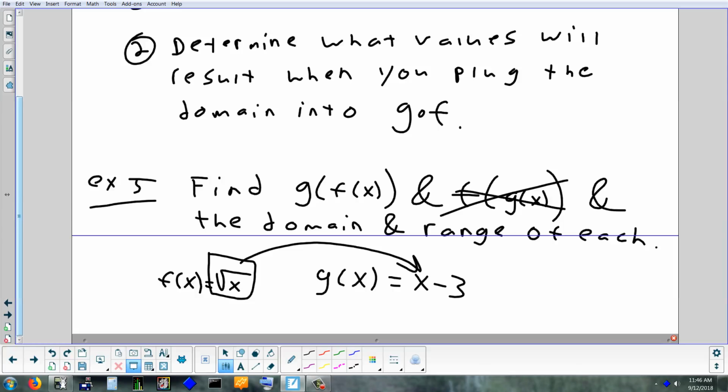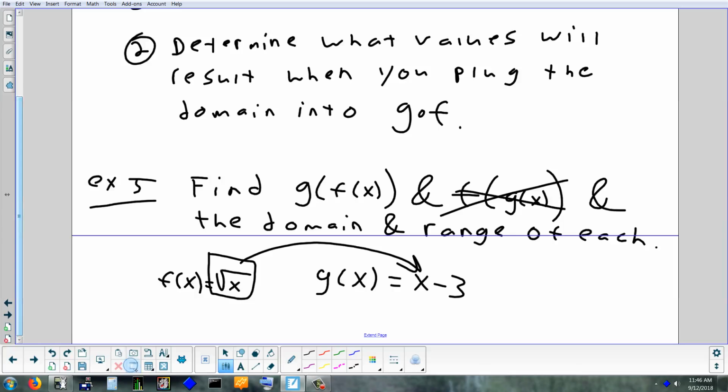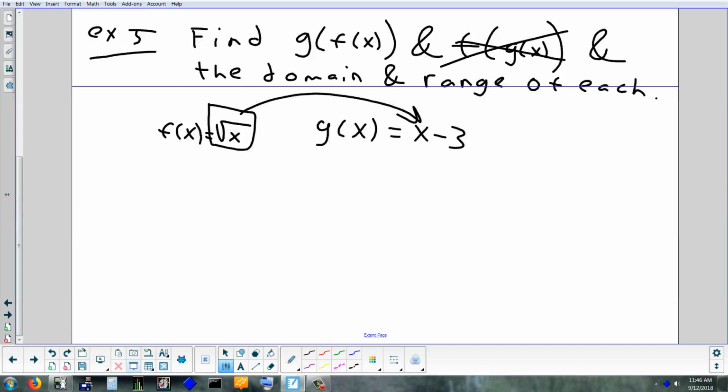Okay, Gabe, if I plug in what I'm showing right here, what would be my answer? X squared minus 3? Well, there's no exponents of 2 here. To have something squared, we'd have to have an exponent somewhere.